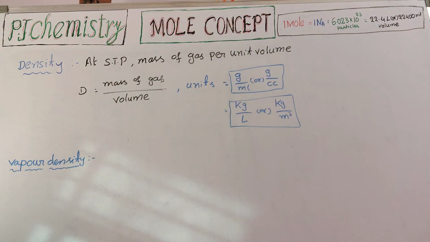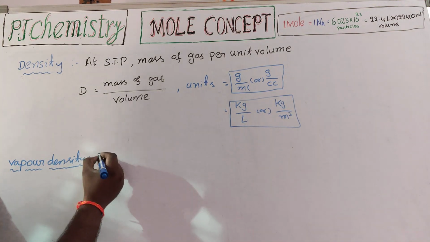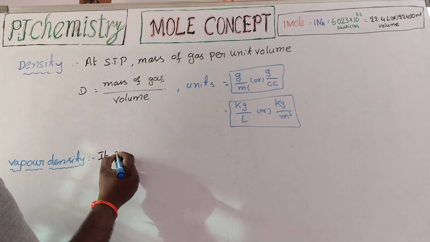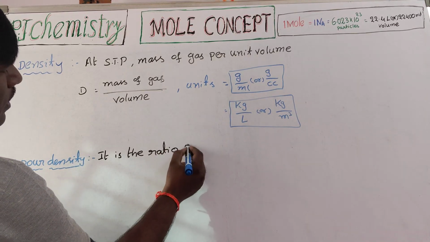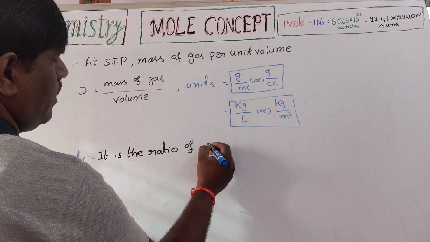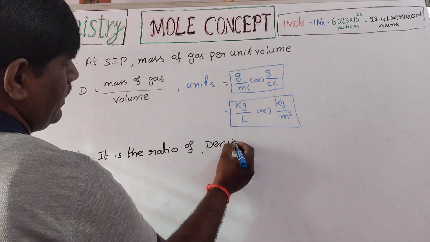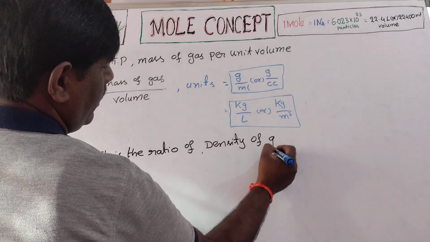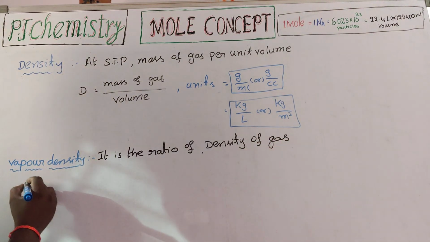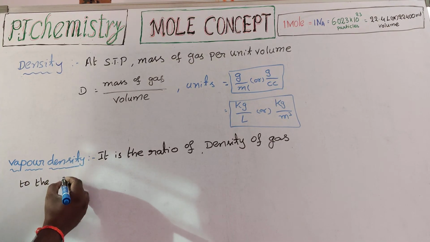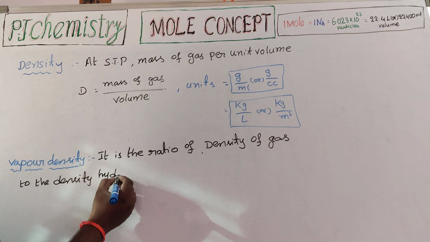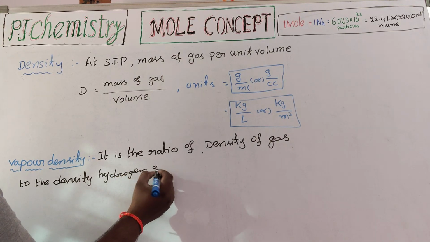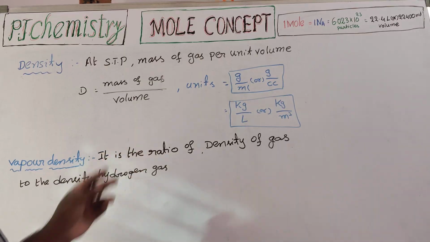Vapor density means it is the ratio of density of gas to the density of hydrogen gas.